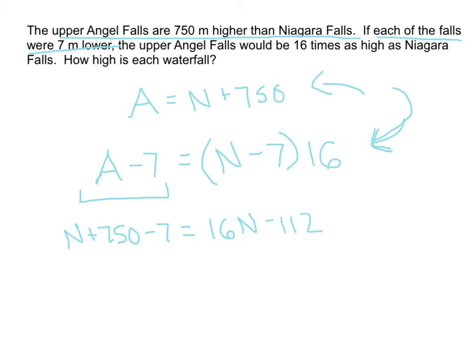To solve, isolate your variable again. So n plus 743 equals 16n minus 112. And I think you can take it from there. And your answer should end up being Angel Falls is 807 meters high, and Niagara Falls is 57 meters high. So make sure that you finish the rest of the problem.